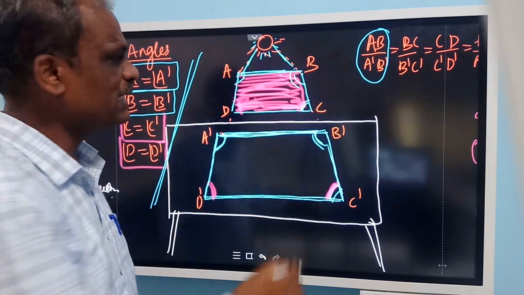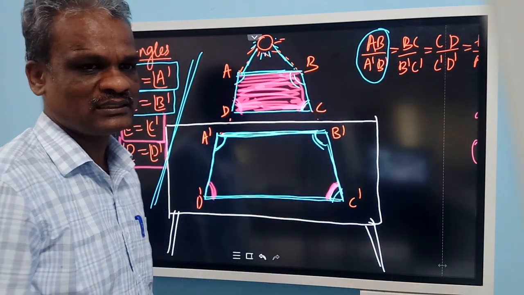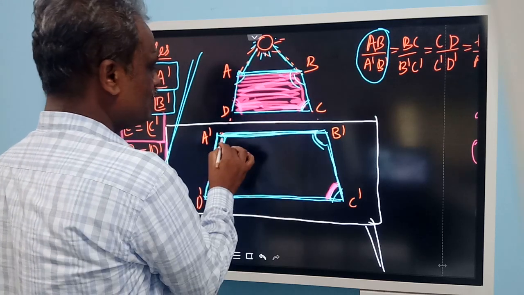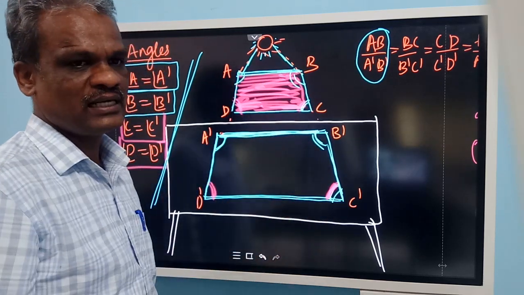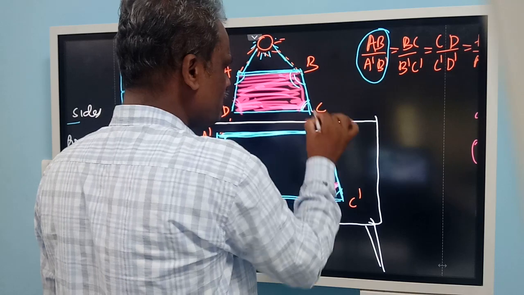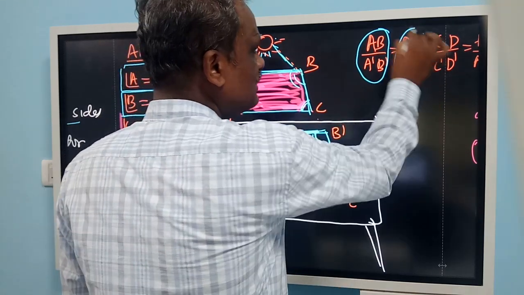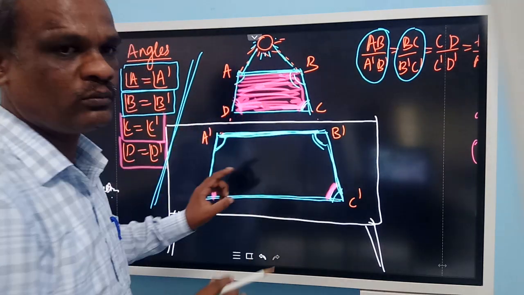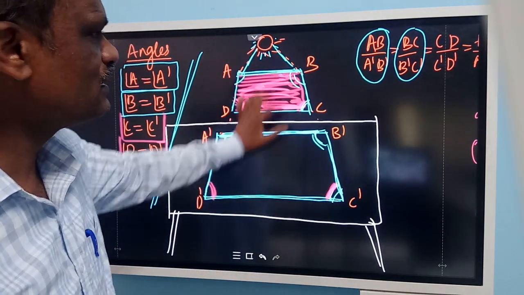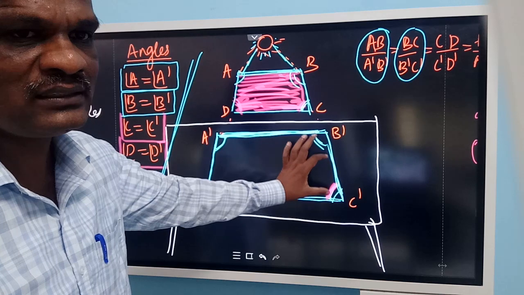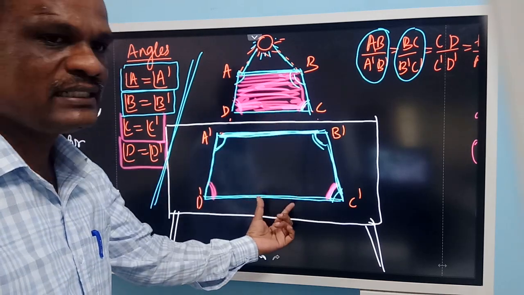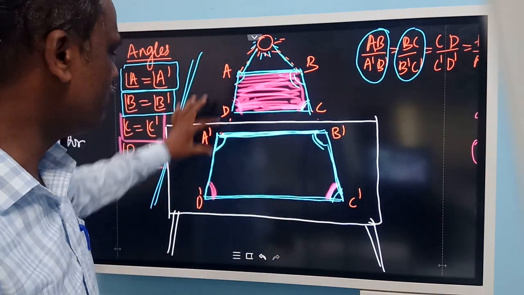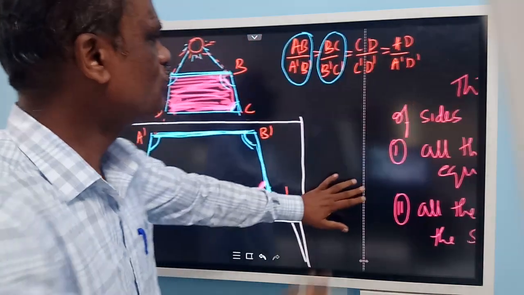The same answer you should get for BC by B dash C dash. Divide AB by A dash B dash, check the answer, and again divide BC by B dash C dash. So that answer and this answer should be the same. The corresponding sides ratio AB by A dash B dash, BC by B dash C dash, CD by C dash D dash, and AD by A dash D dash should be the same.